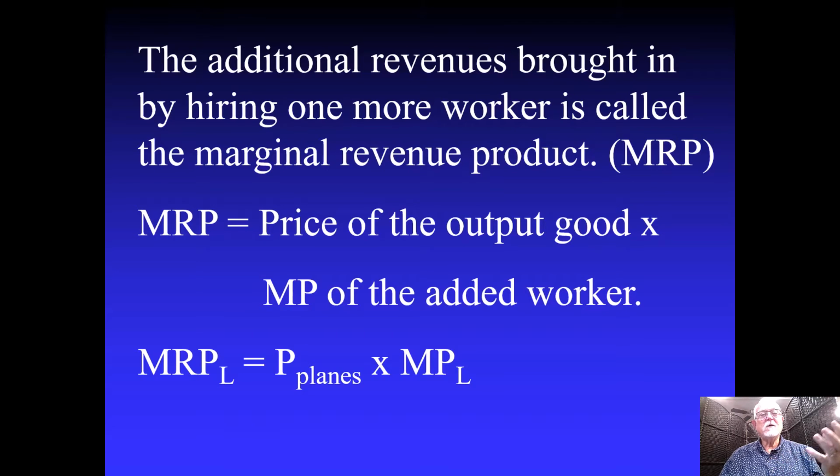So again, what is that additional worker that we're thinking about hiring going to add to the value of our product? We know the product will sell at a certain price, and how much will that additional worker produce of the product.